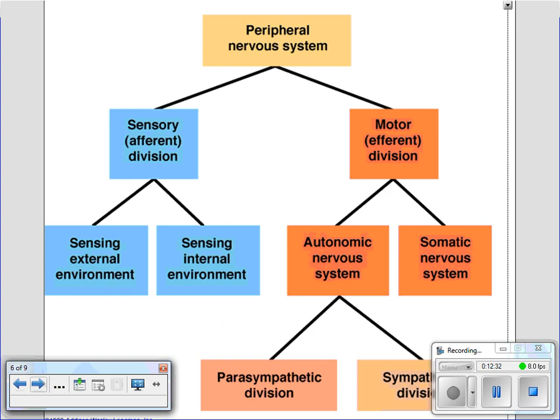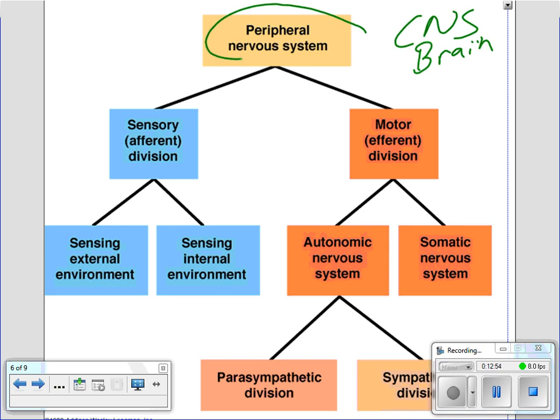So your central nervous system is your brain, and the brain is the place where most messages are relayed. It's a meeting spot between what you're sensing and what you're doing. The peripheral nervous system, however, is the other part, and that's how you interact with your environment.